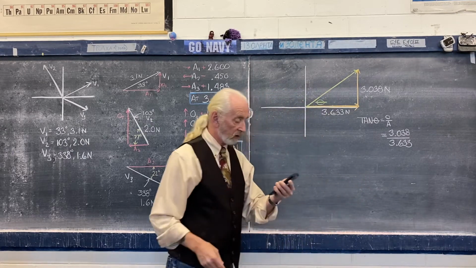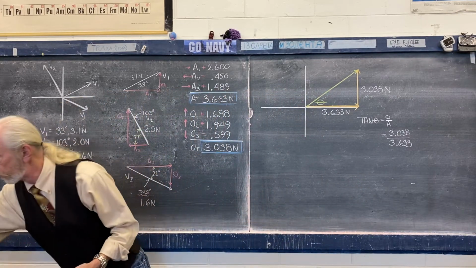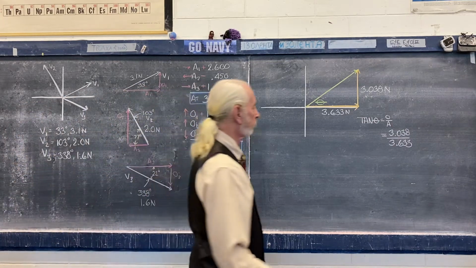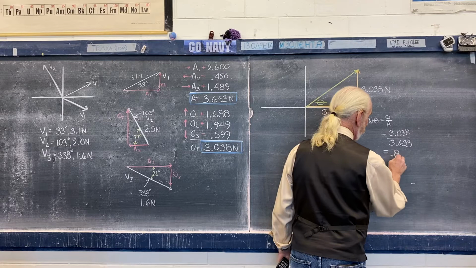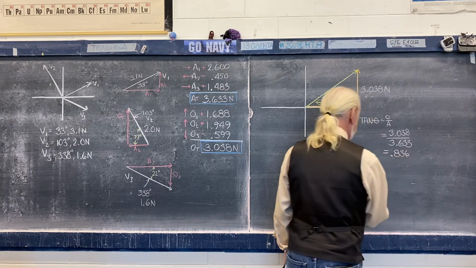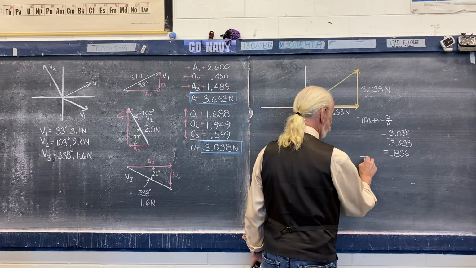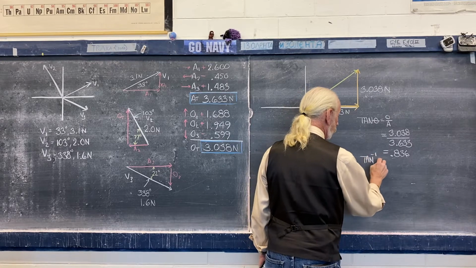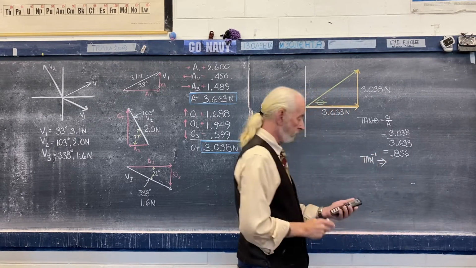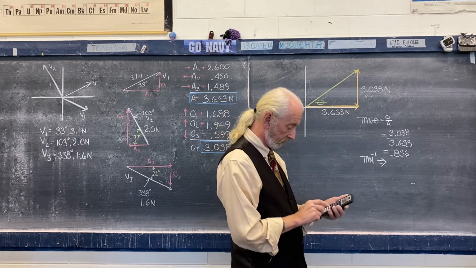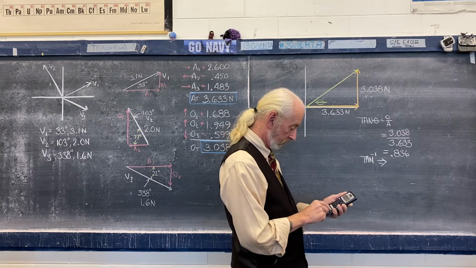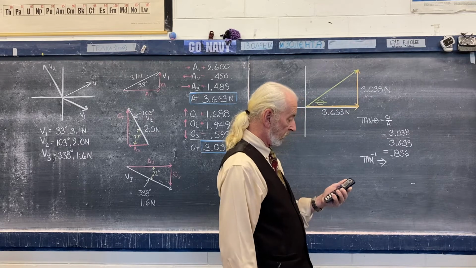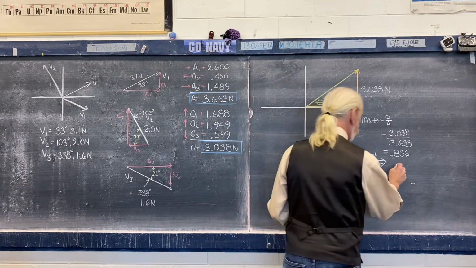And I get a tangent of 0.836. Reciprocal function of tangent, that will give me 39.9 degrees.